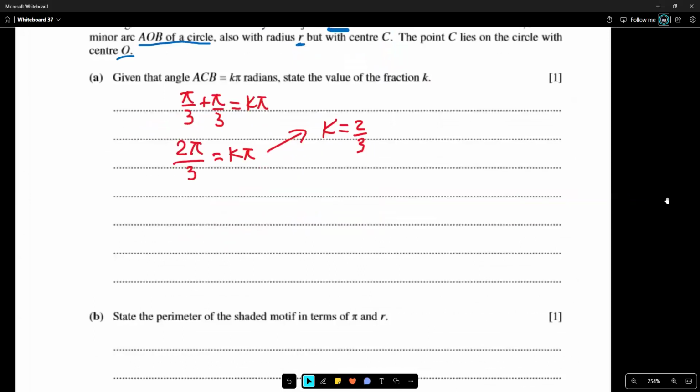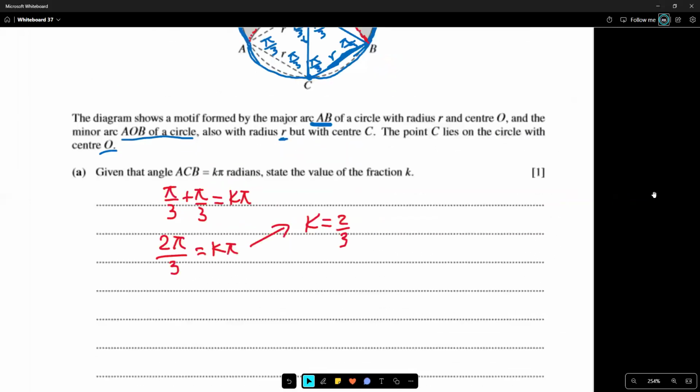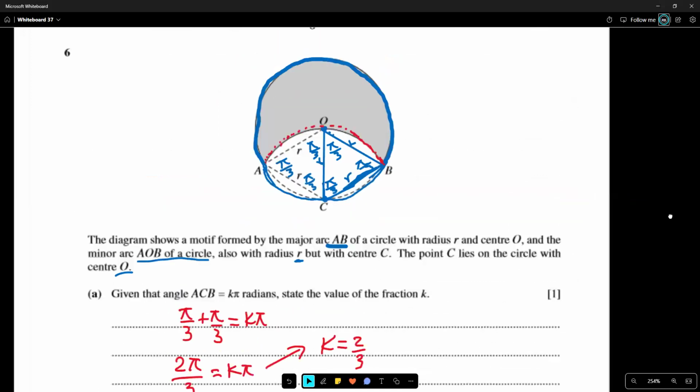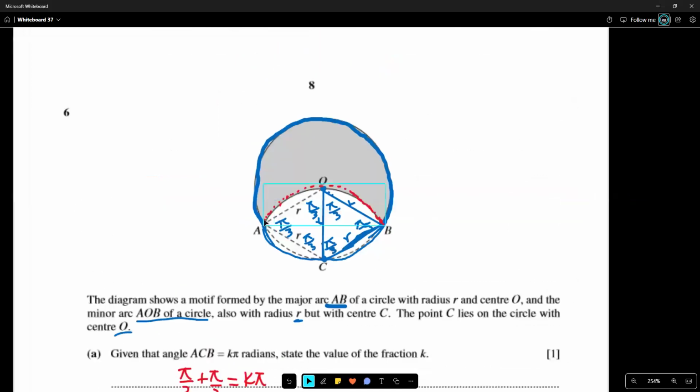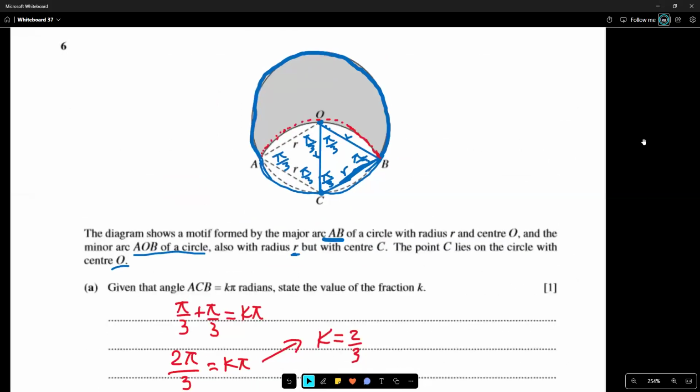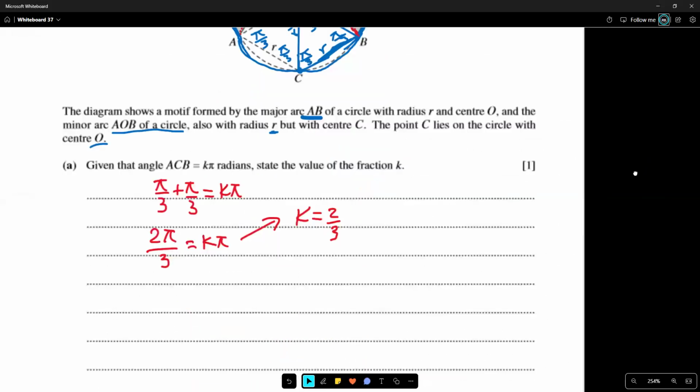They say state the perimeter of the shaded motif. Remember, the perimeter of a circle is just its circumference, right? And because this part here is exactly the same as this part, we are basically looking for the perimeter of this circle, right? Because for the perimeter of the shaded motif, this line here will be replaced by that line because they're exactly the same. So we're just looking for the perimeter of a circle.